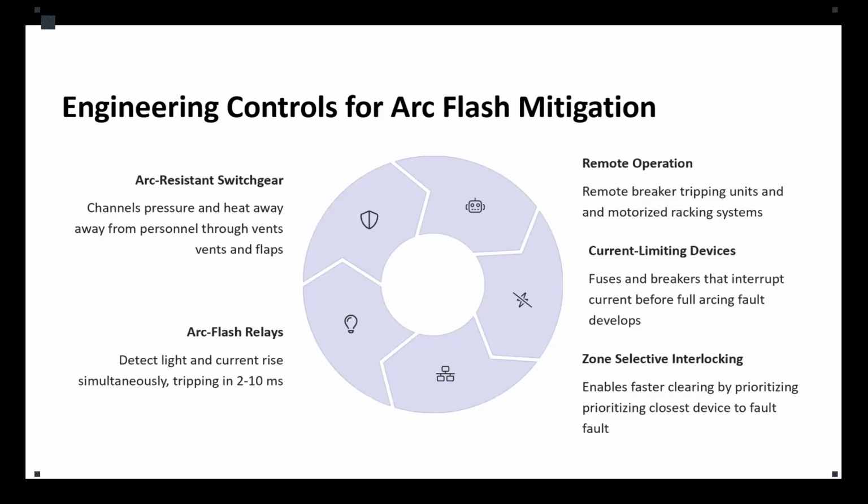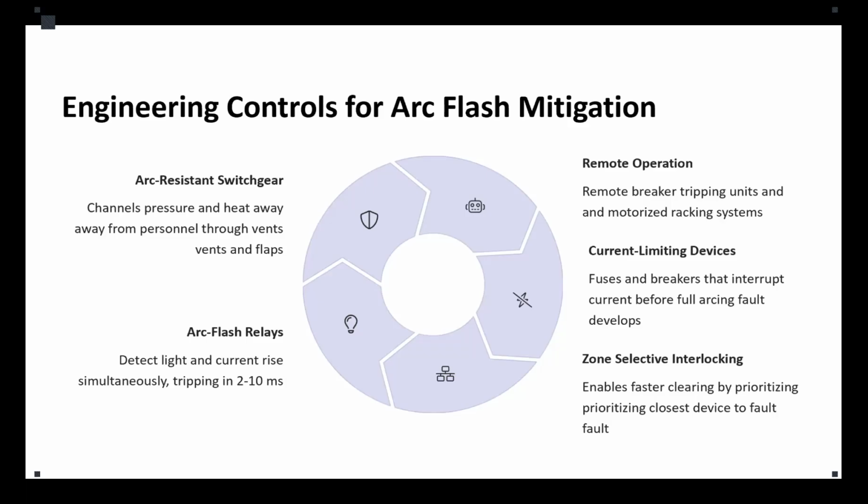Now, we could have remote operation, as we said. This is one of the engineering controls, which basically allows the worker to interact with the energized equipment from a safe distance. We could have current limiting devices, which are protective components that sharply restrict the peak fault current and interrupt the arc faster than conventional breakers.